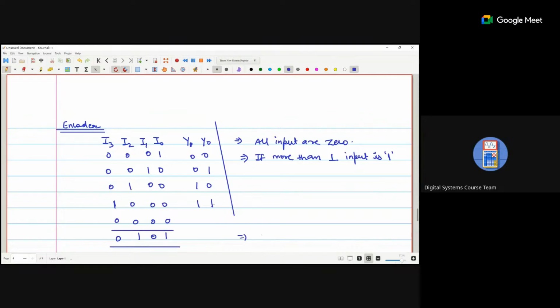Now what is the output? The second problem will be solved with the priority.